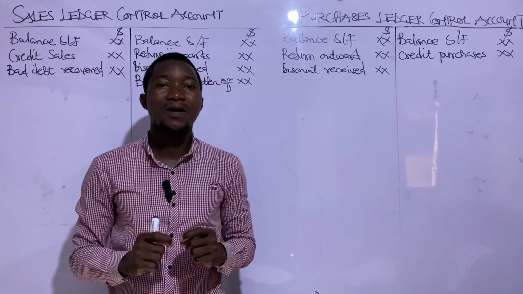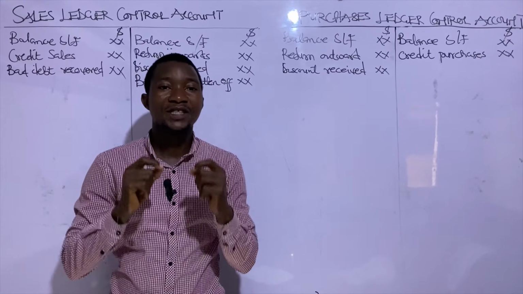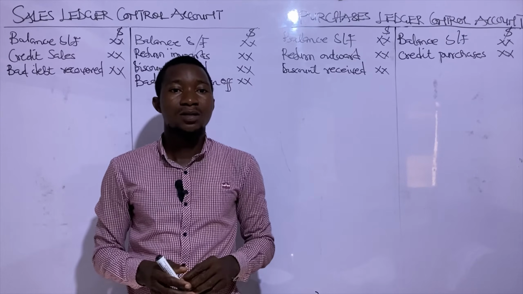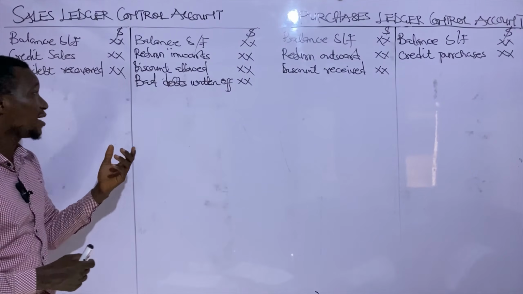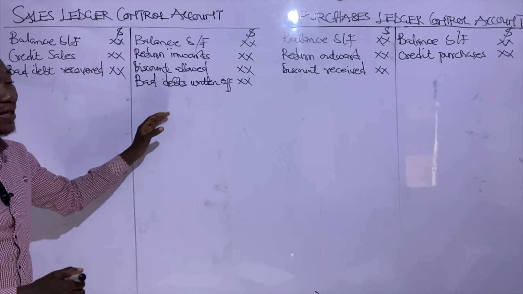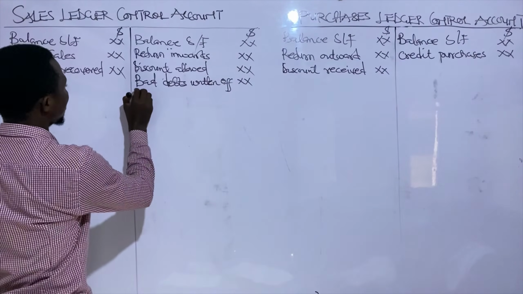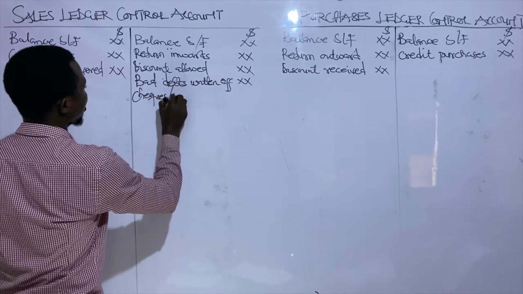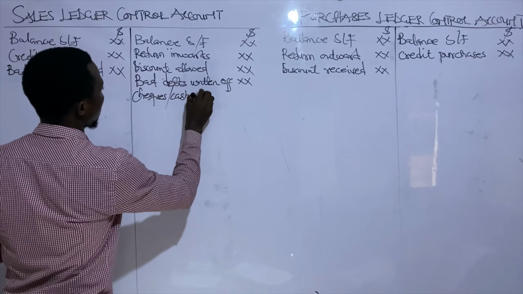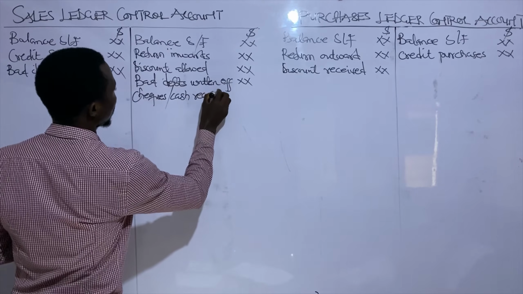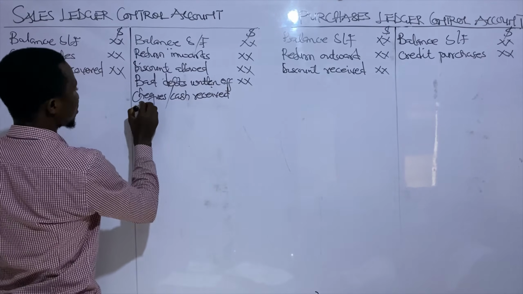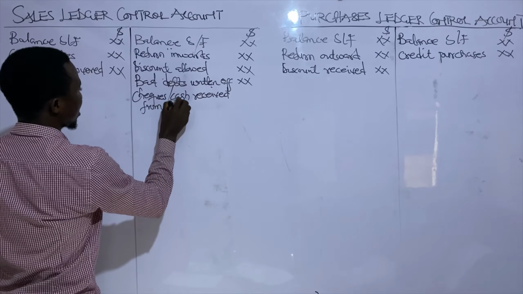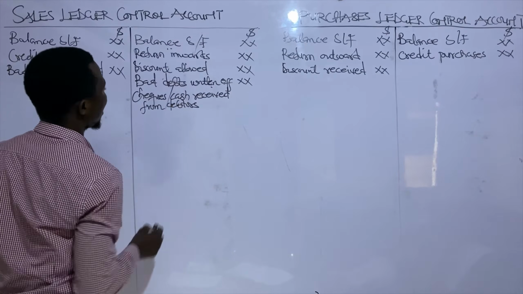The next item I would like to talk about is check or cash received from customers. Customers may pay their debt through cash or check. So I will say that check or cash received from debtors or customers.